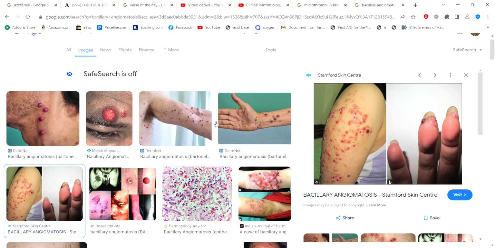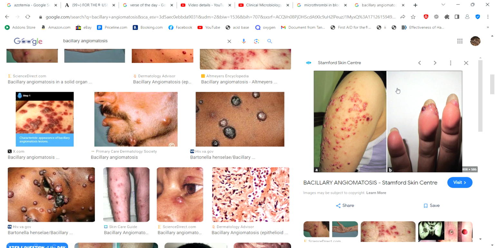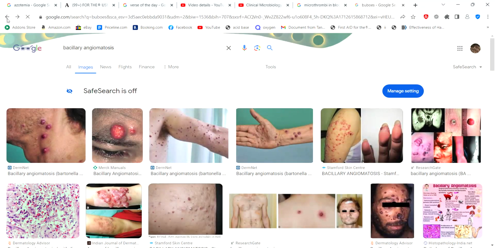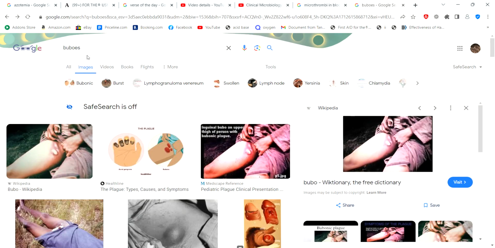So this is bacillary angiomatosis, caused by Bartonella species, and it's from cat scratch disease.